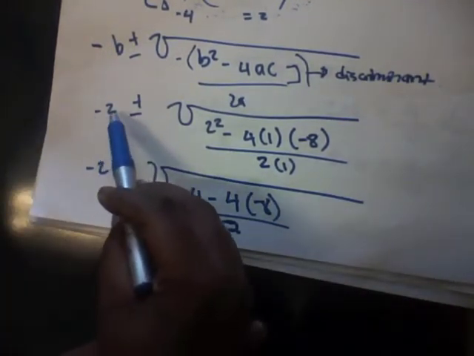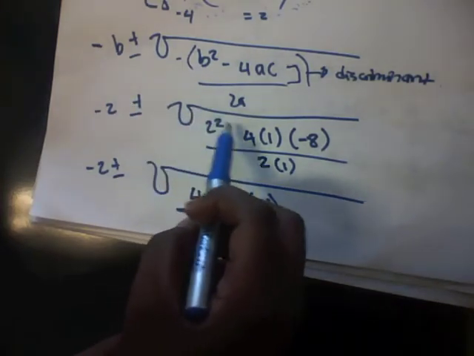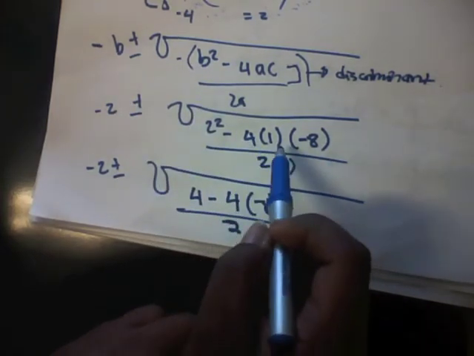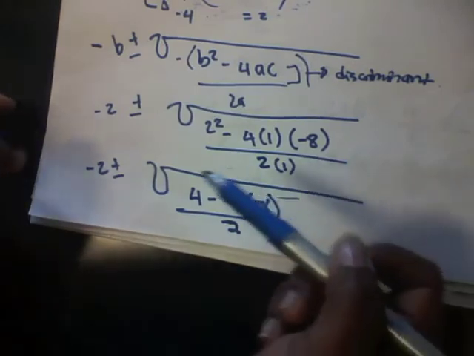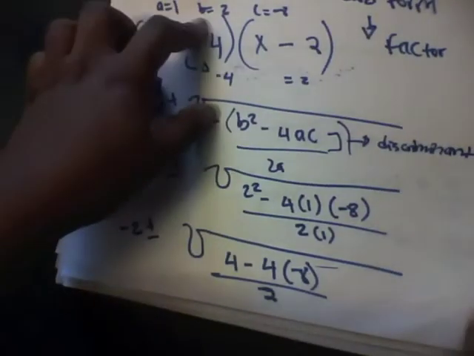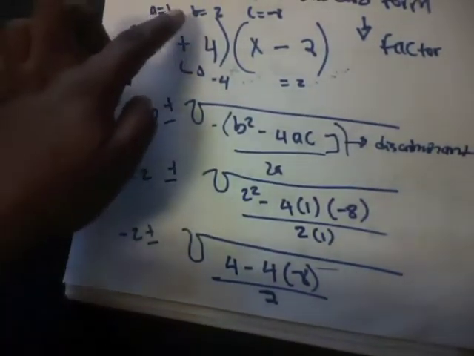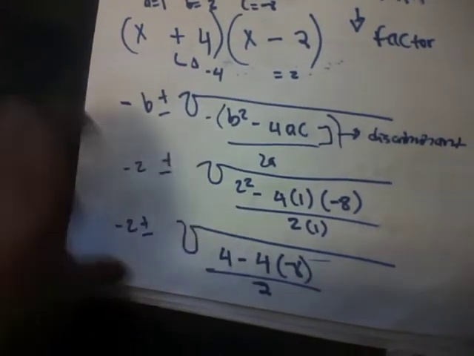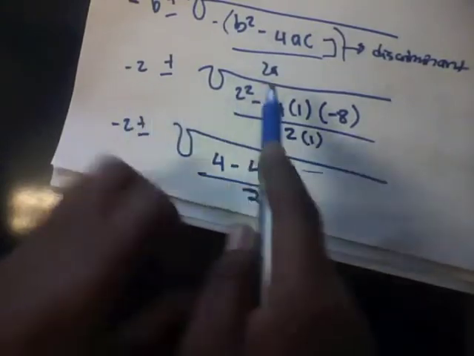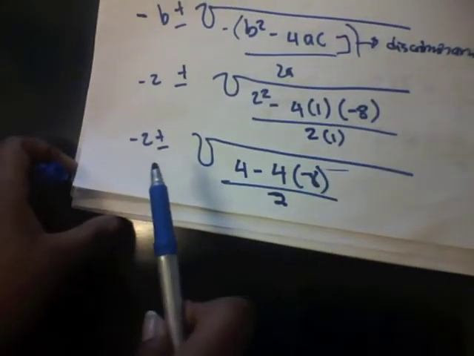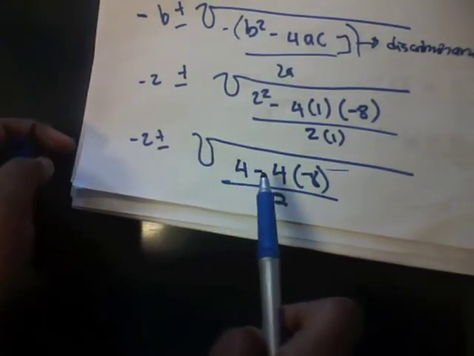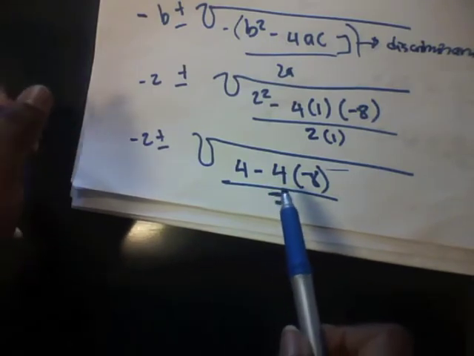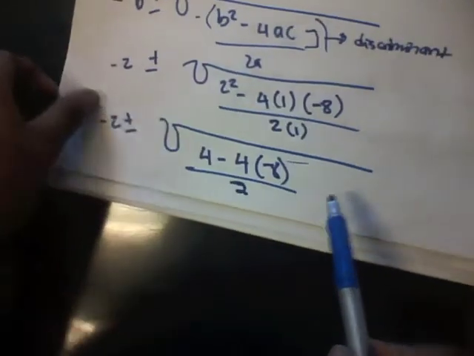So negative 2 plus or minus the square root of 2 squared minus 4 times negative 8, divided by 2. And it is negative 2 because b is equal to positive 2. If b was negative 2, then that becomes 2 because of the negative. So now I got negative 2 plus or minus the square root of 4 minus 4 times negative 8, divided by 2.